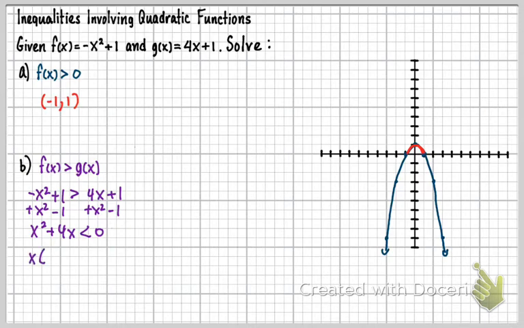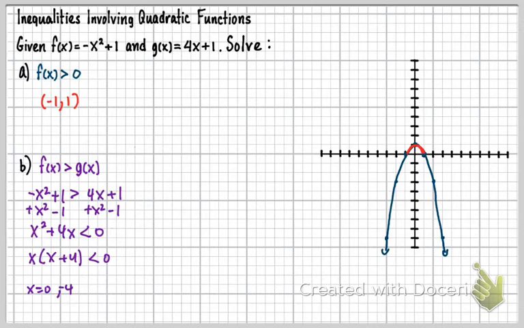If I pull an x out, this is x times x plus 4 less than 0. That tells me what's going to make this 0, and that will happen where x is 0 or x is -4. Hopefully that's okay with you as well. So that's where this is 0.